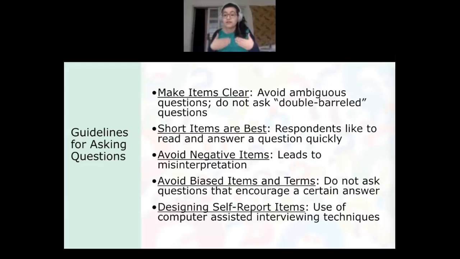If you find that you're writing "and" in your question, I would encourage you to break it down more, because the respondent might agree with one part of your question and not another part. Short items are best. If you find that you're putting in commas or semicolons, your question is long, and people are going to get distracted by aspects of the question.